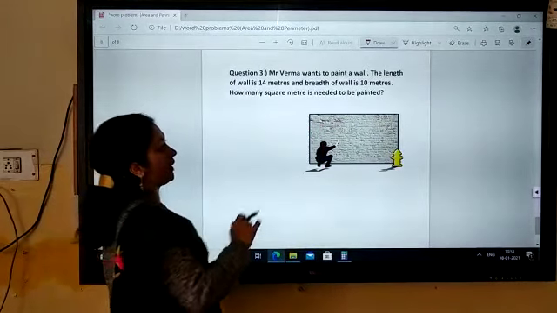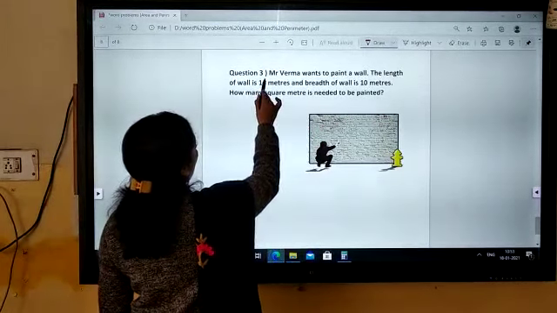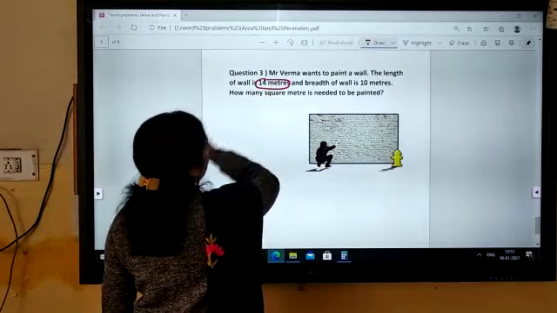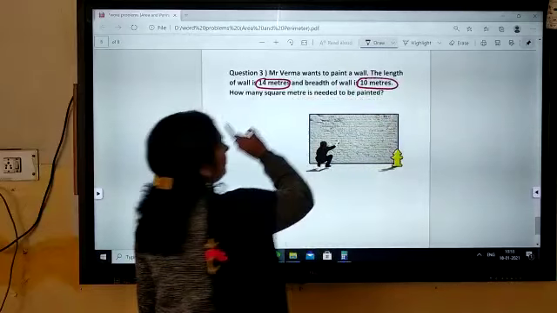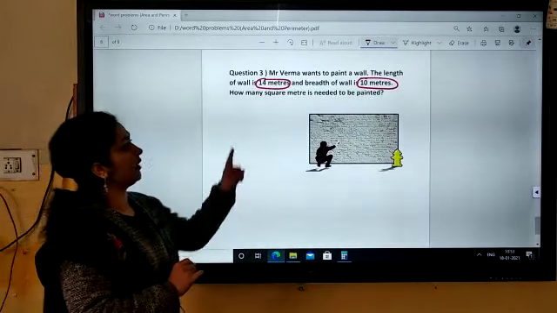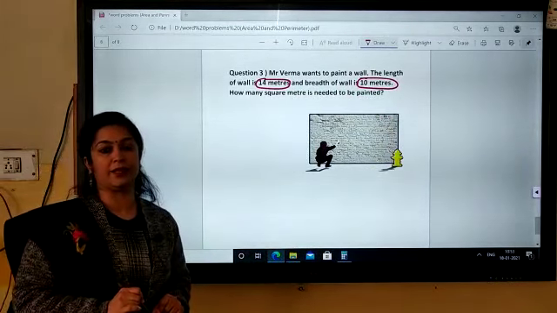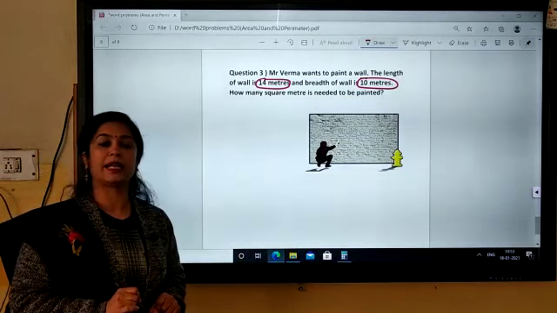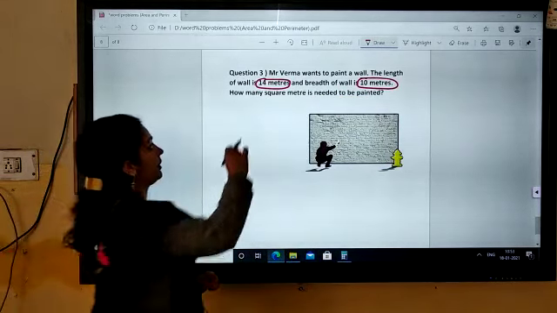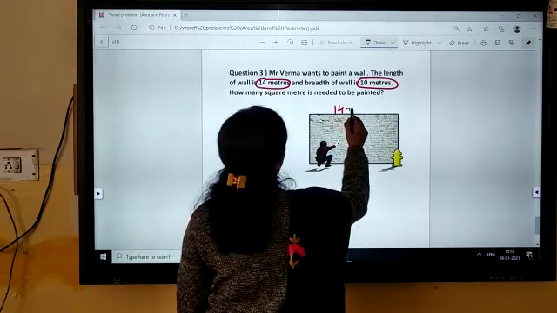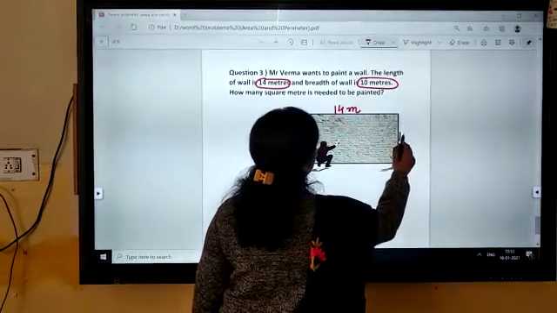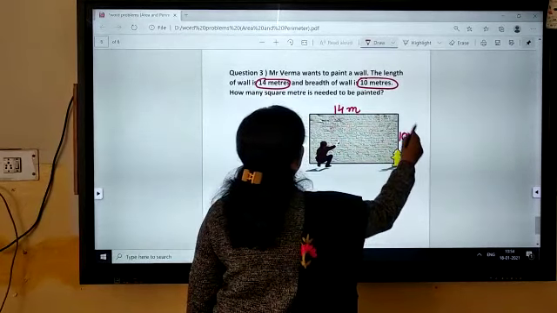And second thing is, the length of wall is 14 meters and breadth of wall is 10 meters. Means length and breadth, both things are given. It means the wall is rectangular in shape. So length is 14 meters and breadth is 10 meters.